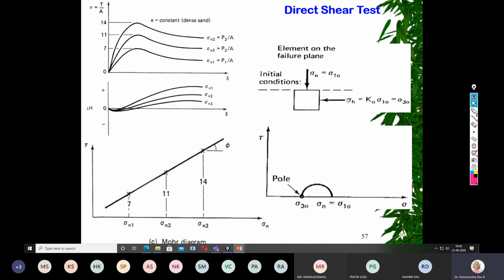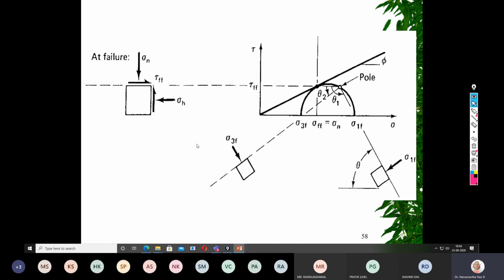This is how the Mohr circle looks, with sigma 1, 0 and sigma 3. This is how one can determine from the Mohr circle the angle made by the failure planes with the major principal axis and the minor principal axis.